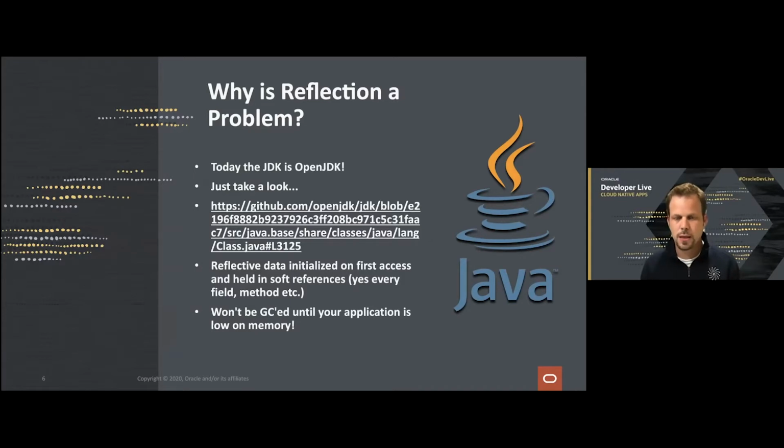This means that it's not garbage collected until the Java virtual machine is actually low on memory. And it's also an all or nothing deal. So you can't just initialize one field or one method, you get everything. Doing this kind of analysis at runtime can lead to a significant slowdown, because initializing this reflective data is actually relatively expensive.